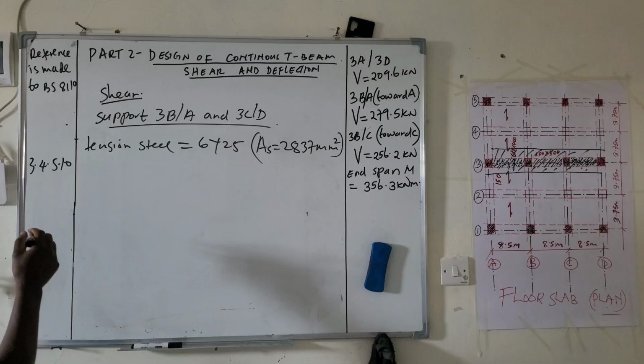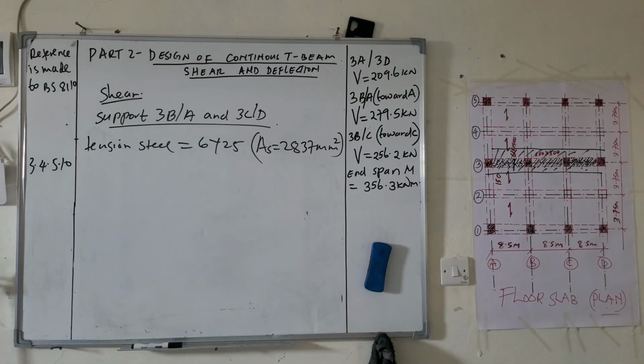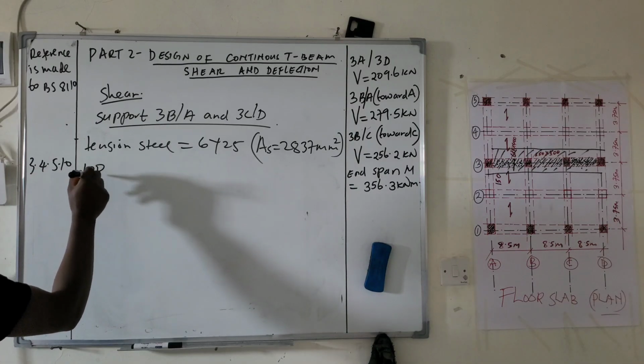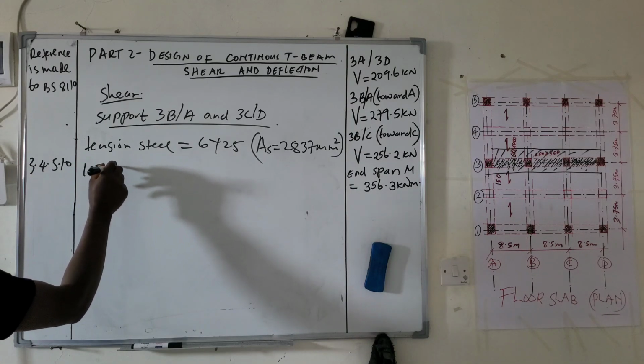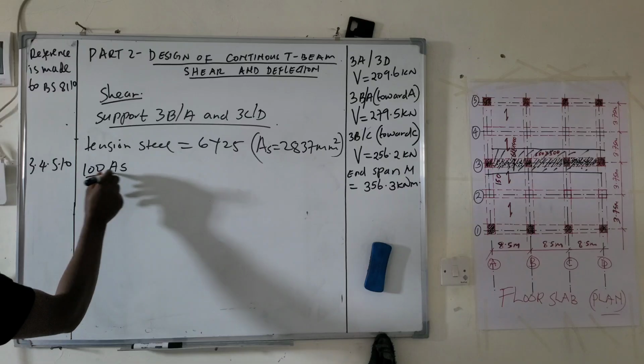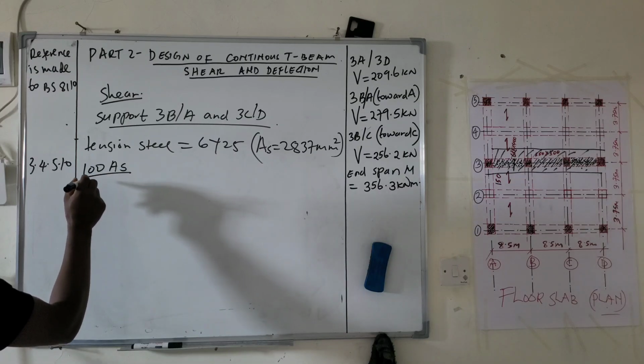So for us to obtain the Vc, which is the shear stress in concrete, we always use this formula, 100 As over bd.